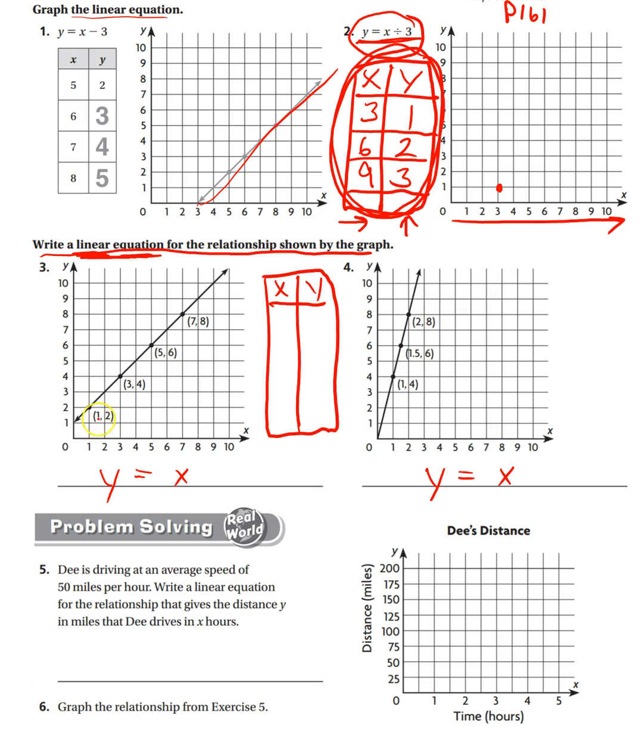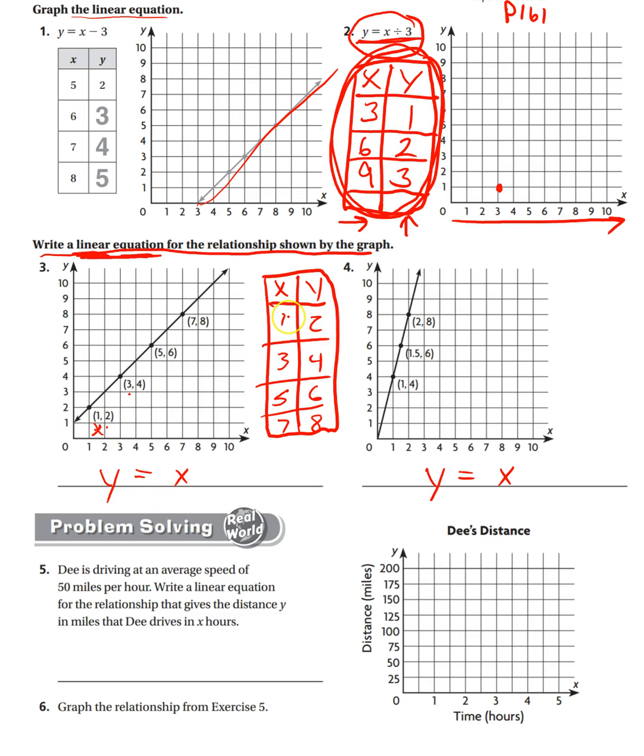This time they told me when x is 1, y is 2. When x is 3, y is 4. When x is 5, y is 6. And when x is 7, y is 8. So then, we already have our equation set up, ready to go.